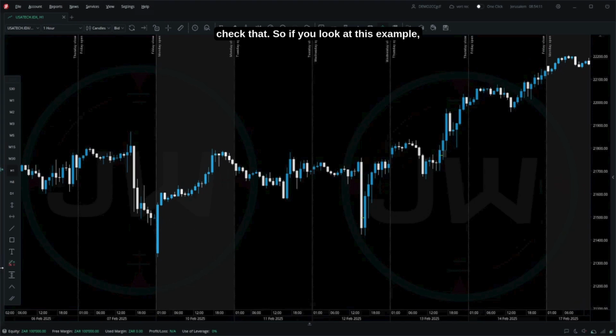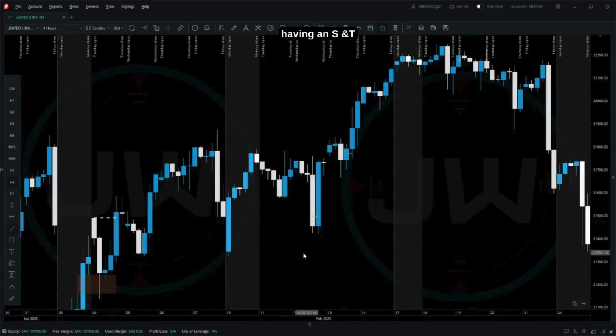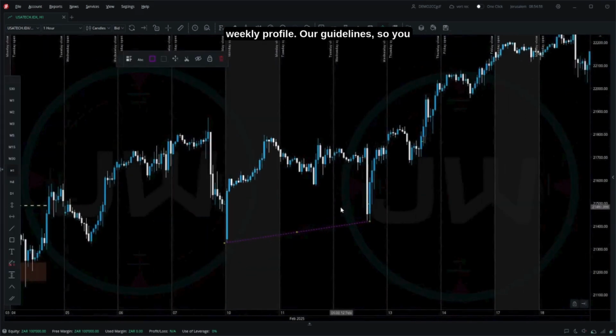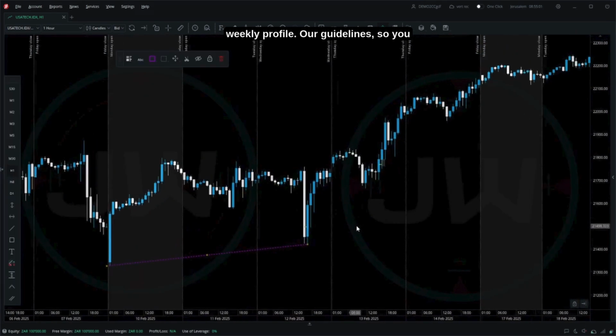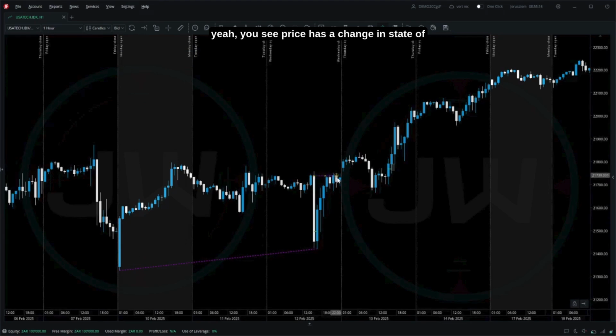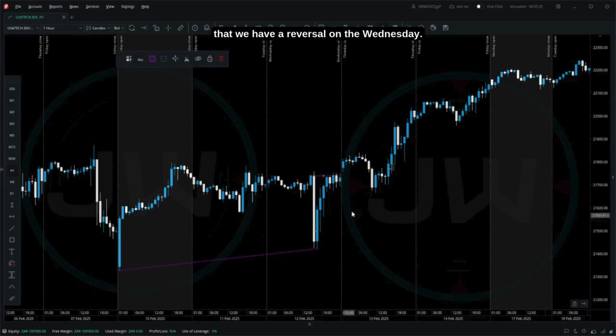So if you look at this example, having an SMT at the low removes the requirement of a liquidity sweep, but does confirm that this is a reversal. So just remember that the weekly profiles are guidelines, so you will see these variations. So here you see price has a change in state of delivery, which confirms that we have a reversal on the Wednesday.